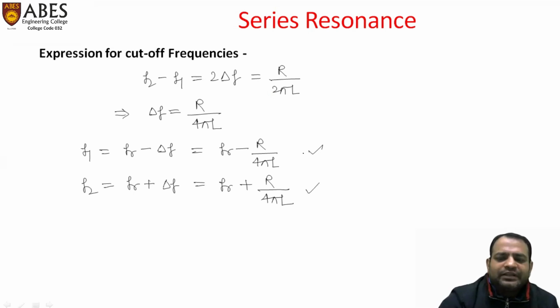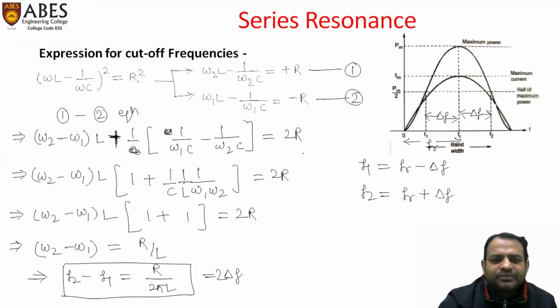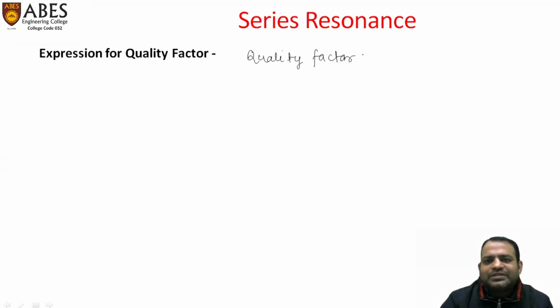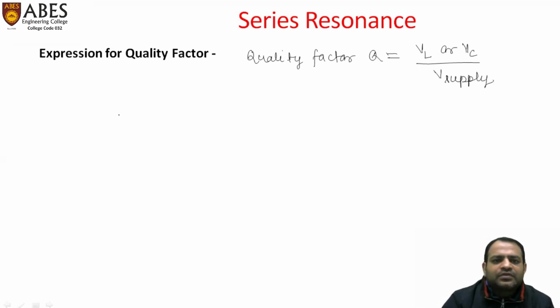Now we are calculating one more relationship here, the quality factor. So what is the quality factor Q? Quality factor Q is equal to VL or VC upon V supply. What is VL? VL is equal to I into XL.